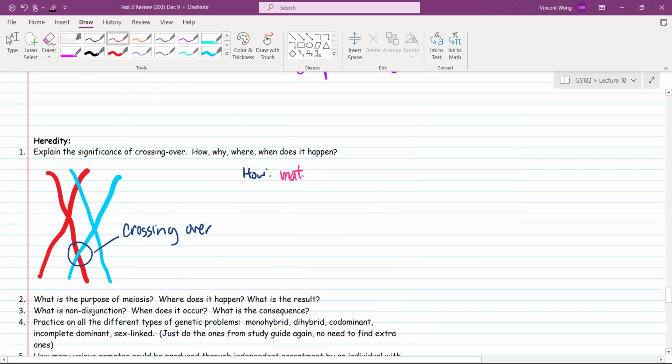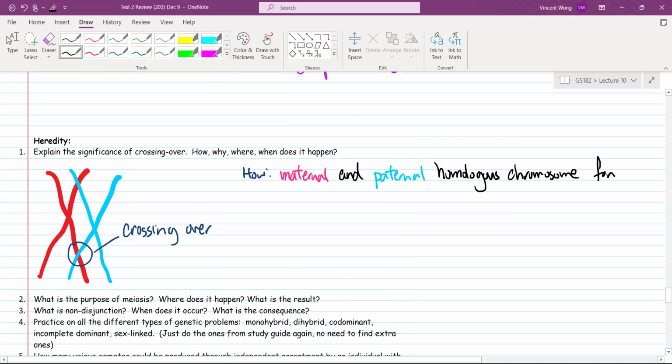Maternal and paternal homologous chromosome form tetrads. Form a tetrad. That's how. Right?